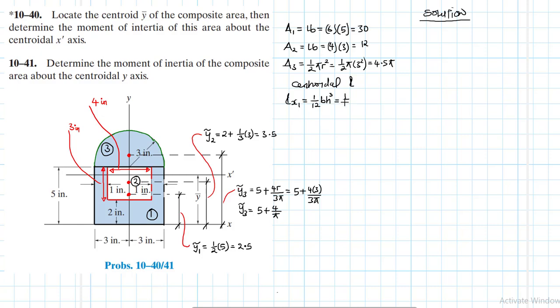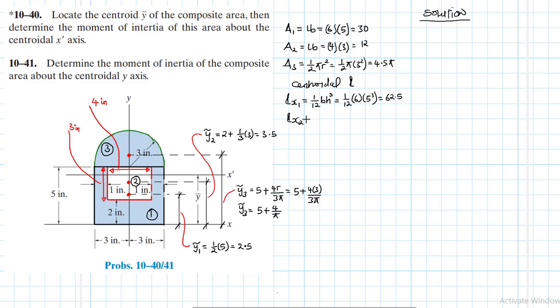This is equal to 1 over 12. Our b is 6. This is with respect to the x-axis, okay? So our height is 5 cubed. And if we were to calculate that, 5 cubed times 6 divided by 12, this gives us 62.5 inches to the power 4.